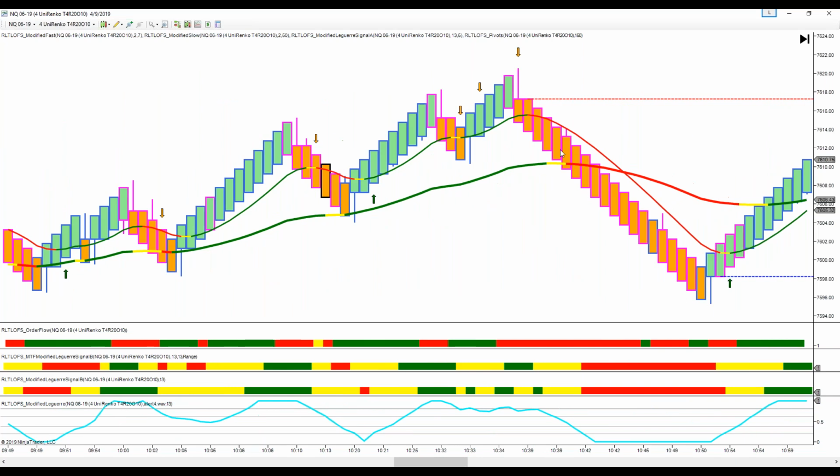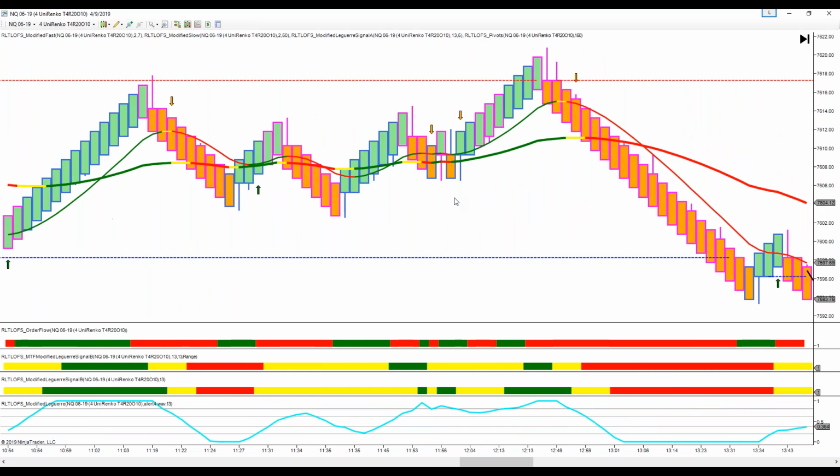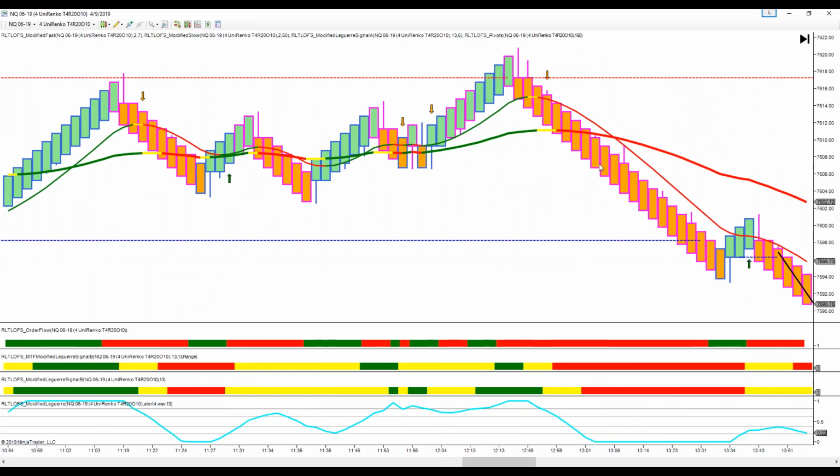The other is, this is a 50 EMA of a 50 EMA, and this is a 15 EMA of a 15 EMA. Now, the other modification is that we project the results of order flow directly onto the candle body. So the first line is the order flow line.